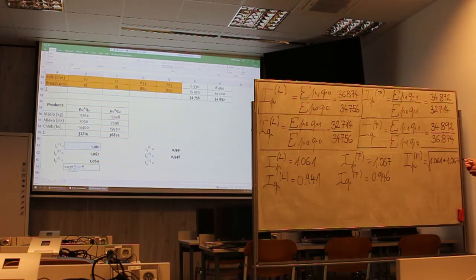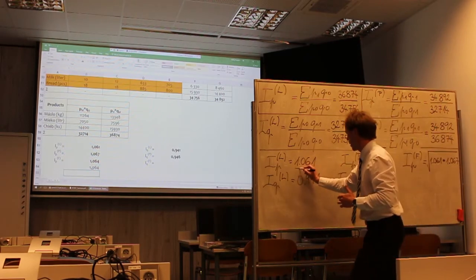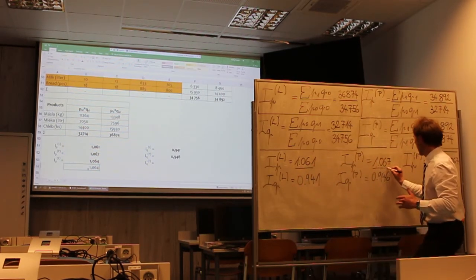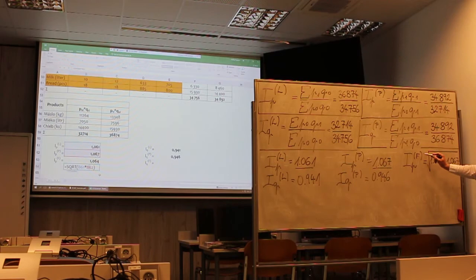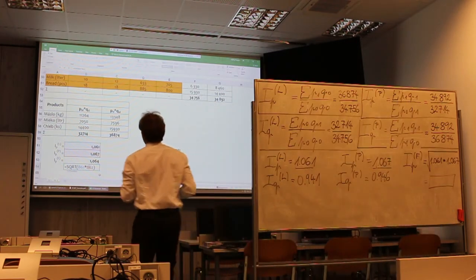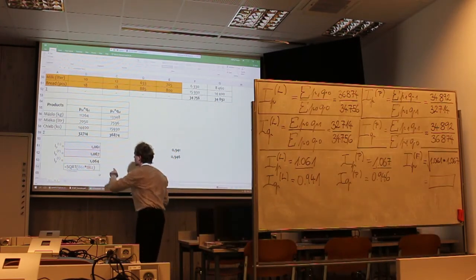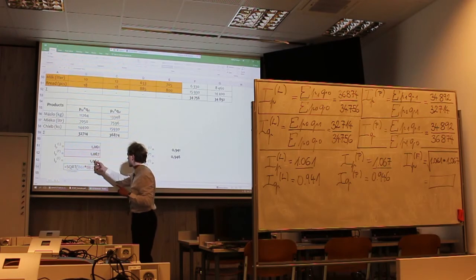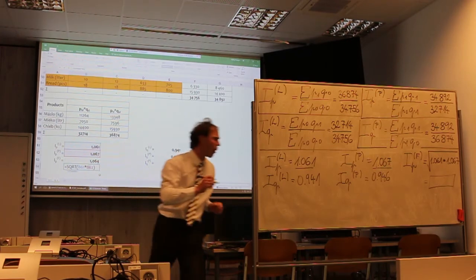Yes, it's the geometrical mean of these two indices. Fisher index for prices, the value of this Fisher price index, square root from multiplication of 1.061 and 1.067 is 1.064.